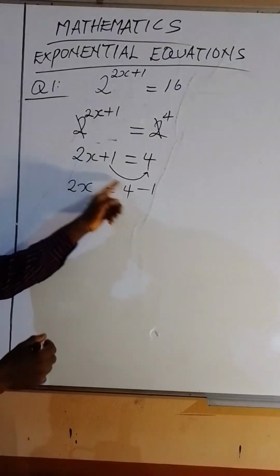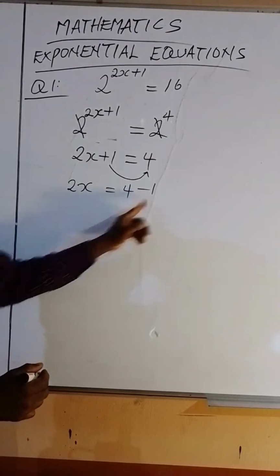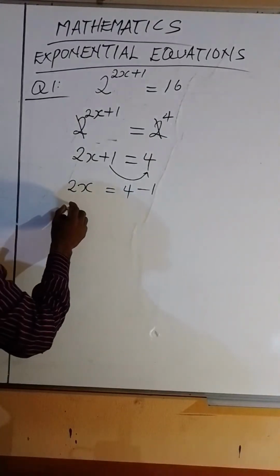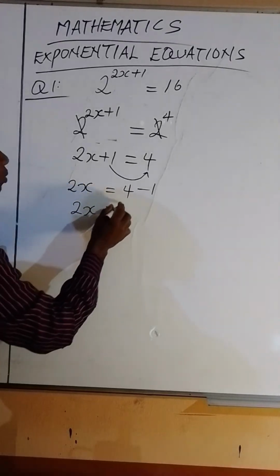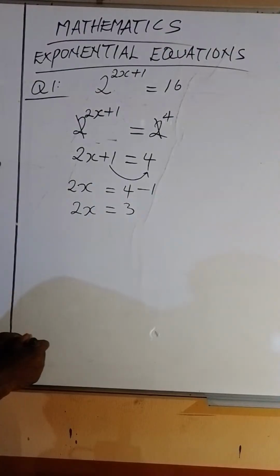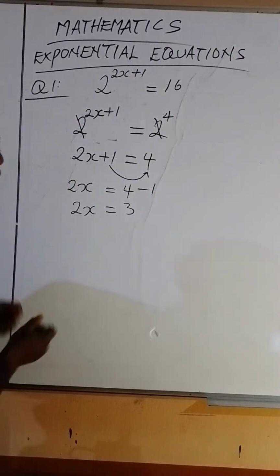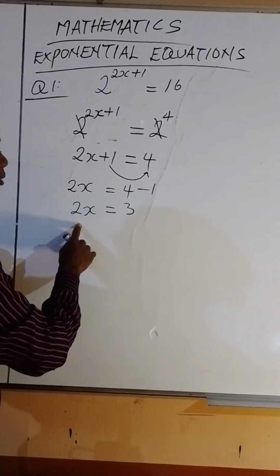When plus 1 is crossing, it goes there and turns to what? Minus 1. Then we are left with 2x equals 3. Then we can divide both sides by 2.